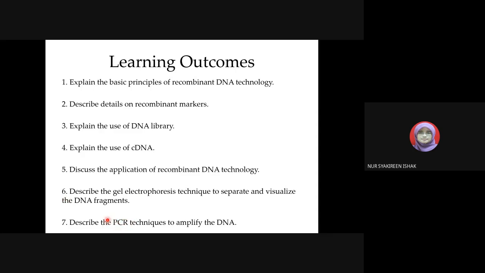This is to amplify the amount of DNA that you extracted from the organism. The amount of DNA will not be enough, because it is in small quantity. So in order to amplify the quantity of DNA, you use PCR, a machine that can amplify the amount of DNA.